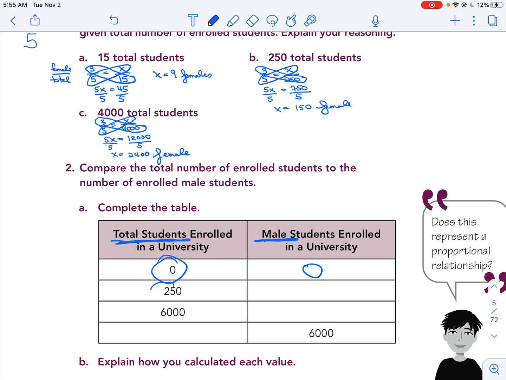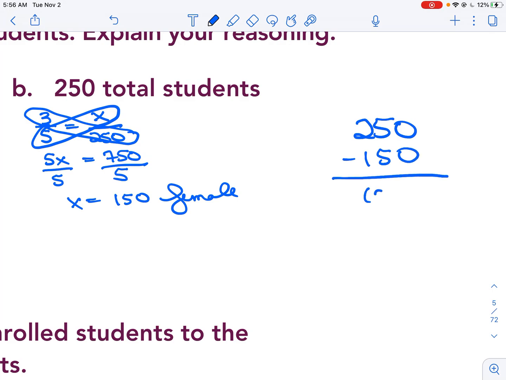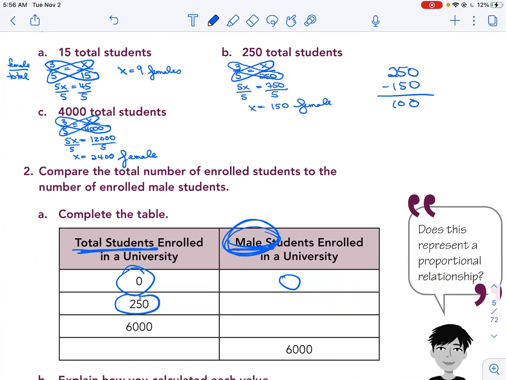Okay, so if there are 250 total students, this is looking for male students. Well, look up here. We already did 250 students, and there are 150 female. So if I have 250 students, and there are 150 females, that means that there are 100 males.